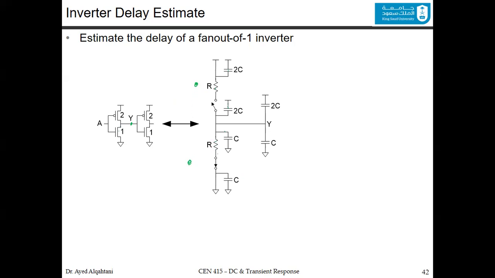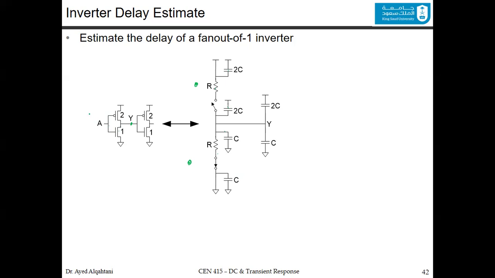This capacitance and this capacitance are ignored. Why? Because the input, and this is our assumption all the time, has been there for a very long time. So I don't have to wait any time for charging this input node. There is the capacitance there, but the gate doesn't affect it.